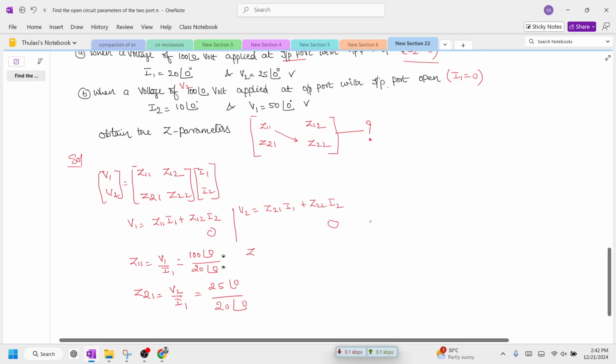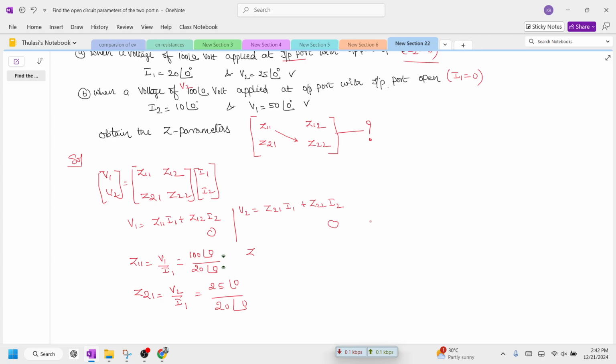This is what is given. The second part given is when a voltage of 100 is applied when the input port is open circuited. So whenever the input port is open, I1 is 0.